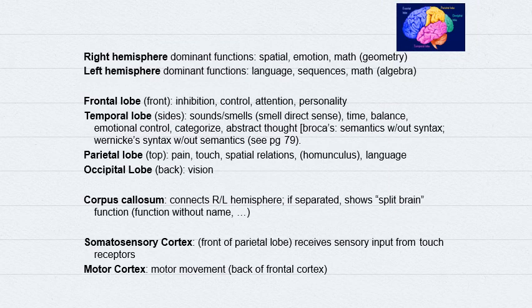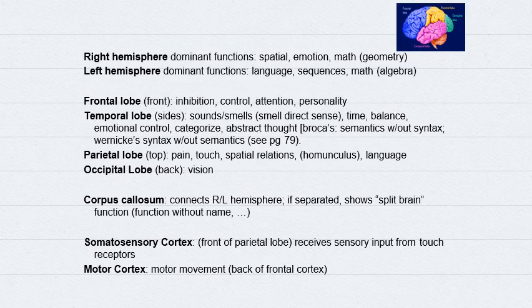Broca's area is for our speech. And the parietal lobe is responsible for pain, touch, and spatial relations. If you remember the homunculus, the parts emphasize sizes depending on their functions. Language also. The occipital lobe, at the back, has a major role in vision. The corpus callosum connects the left and right hemispheres. If separated, it shows split brain functions.